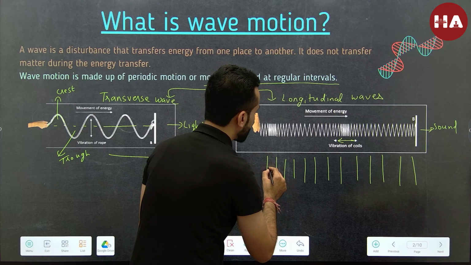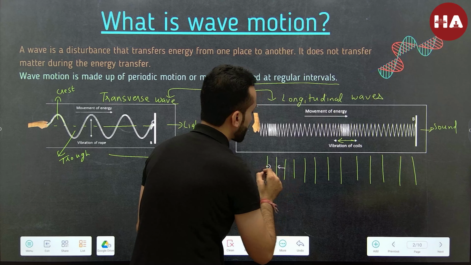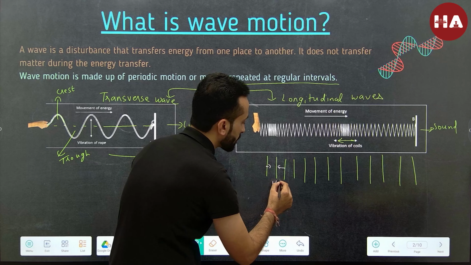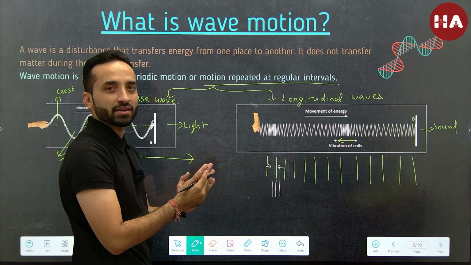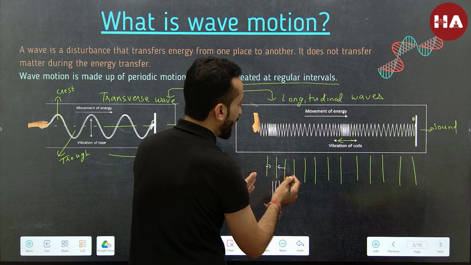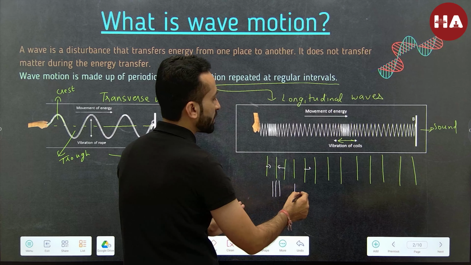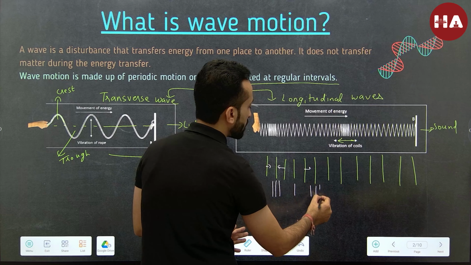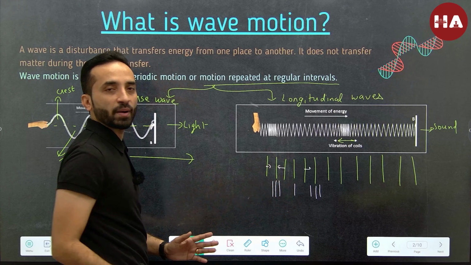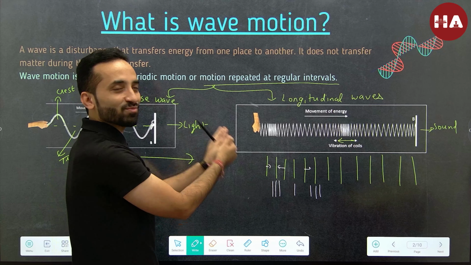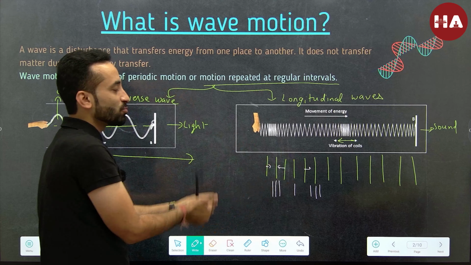So let's say this particle moved forward, this particle at the same time moved backwards. So what do you have here? You have three close by particles, right? Since this moved backward and let's say this moved forward, here you have less density of particles. So here the particles have come closer because the left particle has moved towards the right and the other particle has moved towards the left.